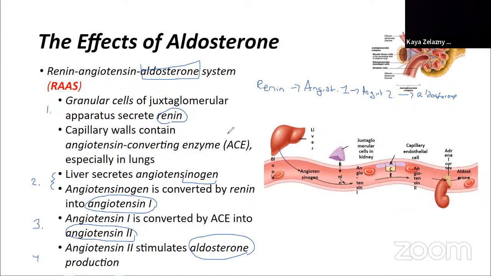There are enzymes in the walls of the capillaries that help us convert some of these substances to finally stimulate our aldosterone production. But basically, this is all a response designed to make aldosterone when we sense things about the contents of the urine and produce renin. Right, so that's kind of our start point and our end point.